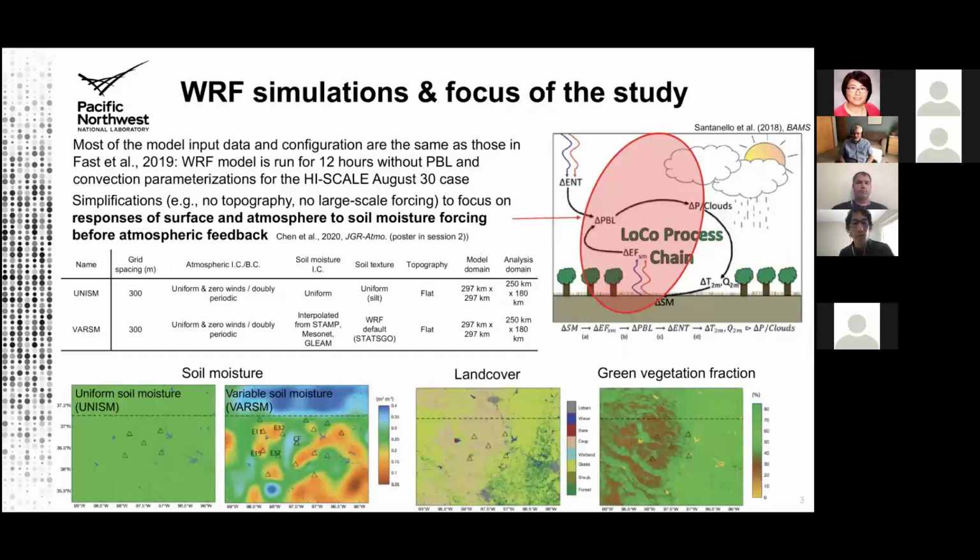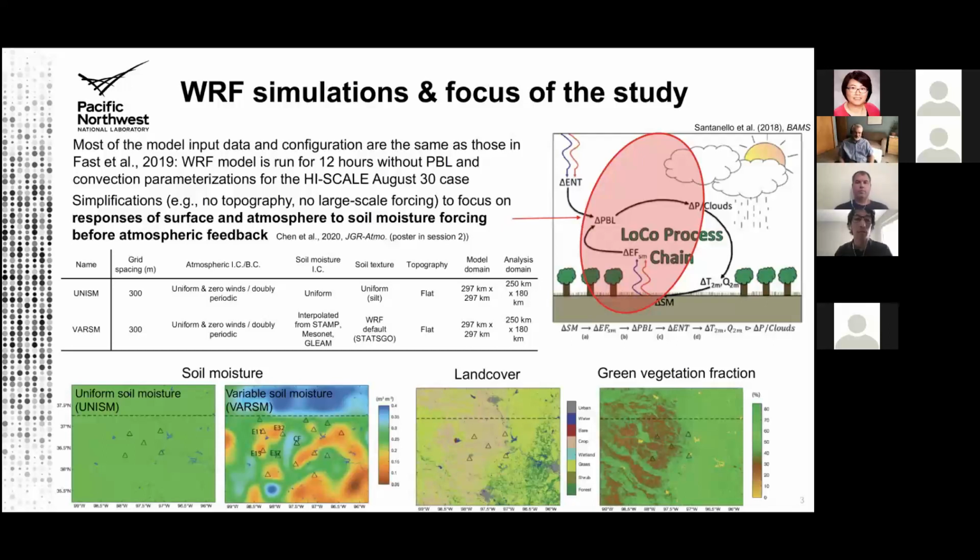And quickly for our methodology, we just ran the WRF model for 12 hours on one of the high-scale cases on August 13, a shallow to deep convection transition. To make our question tractable, we simplify it a little bit. So there's no topography and no large-scale forcing.